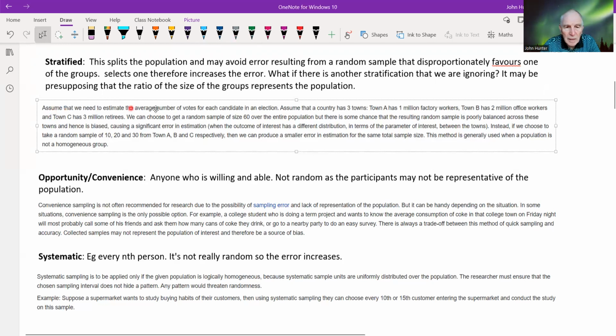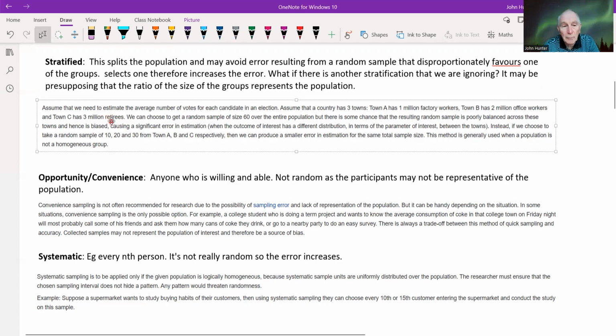So I mean, here's an example which kind of helps. Assume that we need to estimate the average number of votes for each candidate in an election. This country has 3 towns. Town A has 1 million factory workers, town B has 2 million office workers, and town C has 3 million retirees. And we're working on the basis that the voting preferences for these 3 different groups may be different.